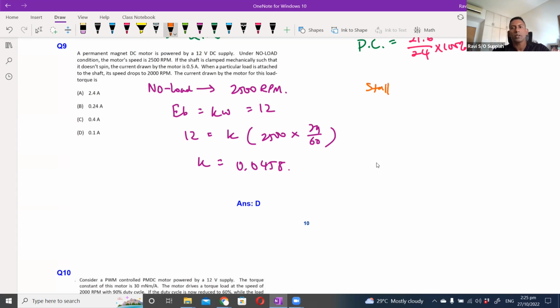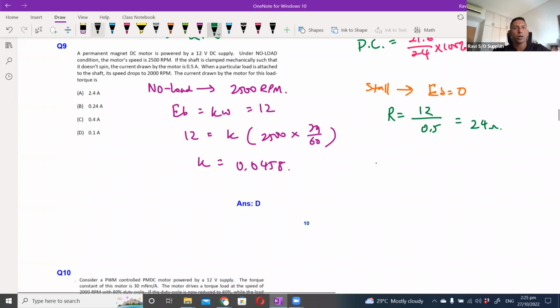Under stall condition, the motor does not spin, so your omega is 0, and your back EMF is 0. With that situation, we know that the current drawn by the motor is 0.5. We can just do Ohm's law to say that the resistance will be 12 over 0.5, which will be 24 ohm.